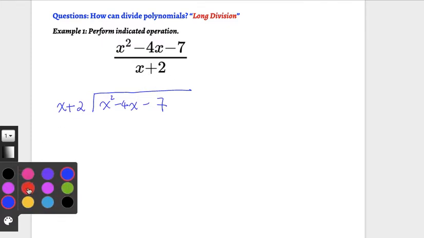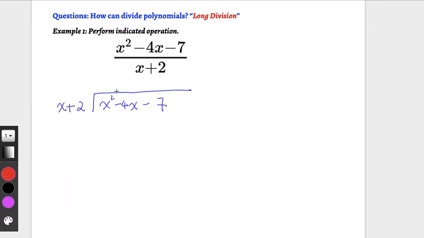One thing I want to remind you, so you may wonder, what do I put on the top? Well, the way we figure it out, we use the first term divided by x. So first we divide x squared by x, that's the first step. And this is equal to x, right? So we are going to put x here. And then we multiply.